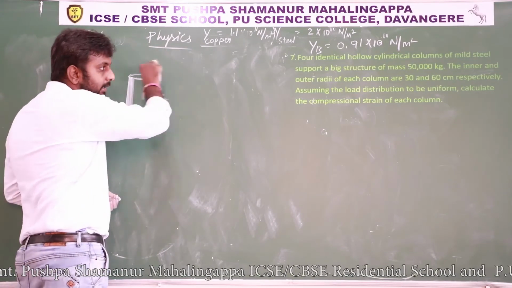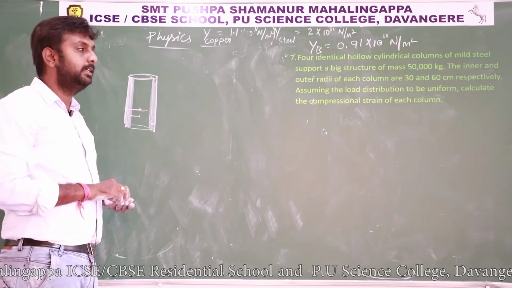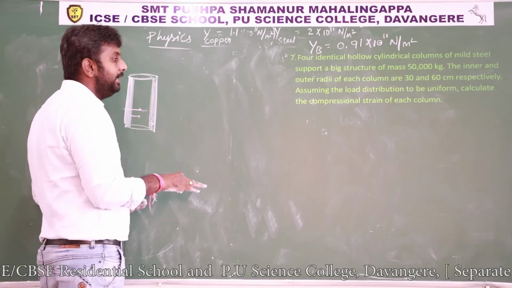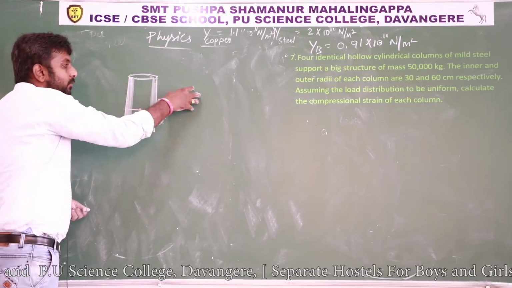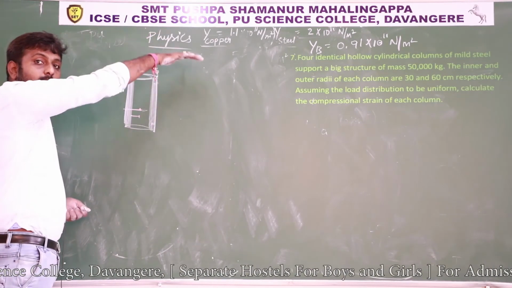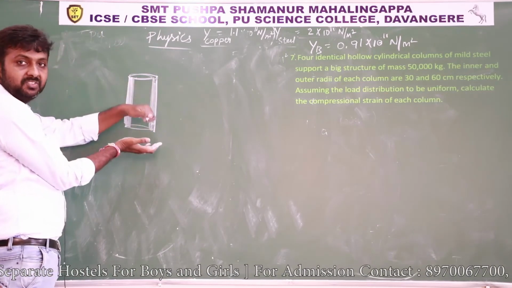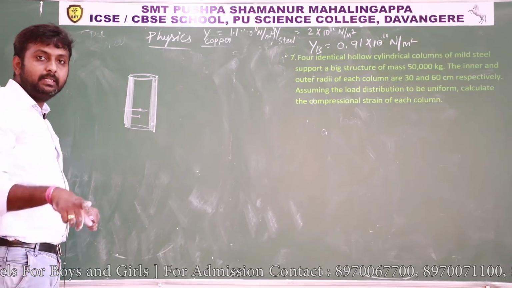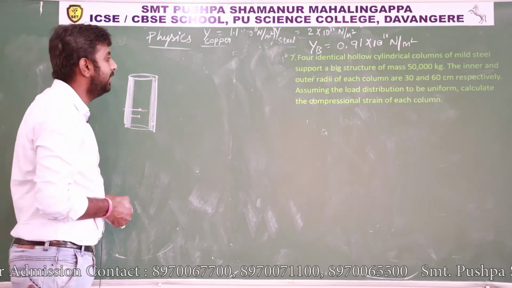On these cylinders, there is a mass. That mass is 50,000 kg. So we have to find the compressional strain. If we apply 50,000 kg mass on the 4 cylinders, there will be a compressional strain. On one cylinder we have to find the compressional strain.